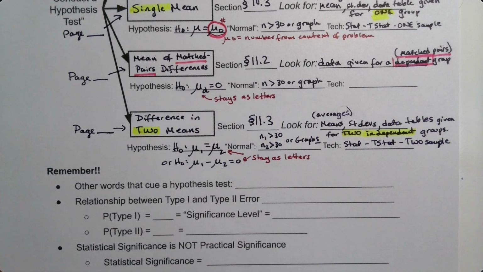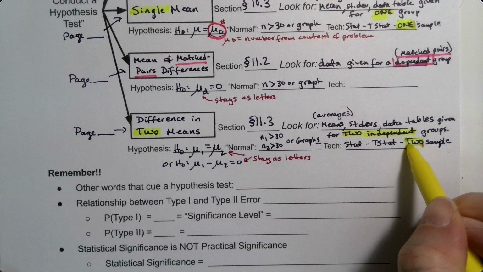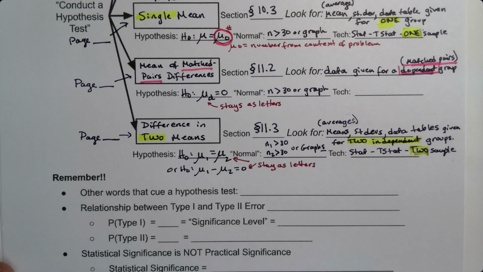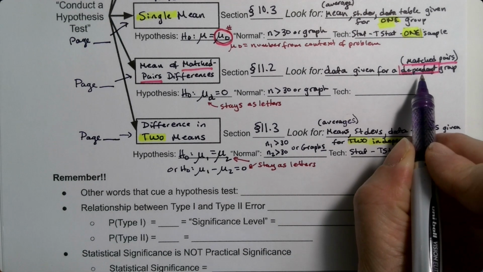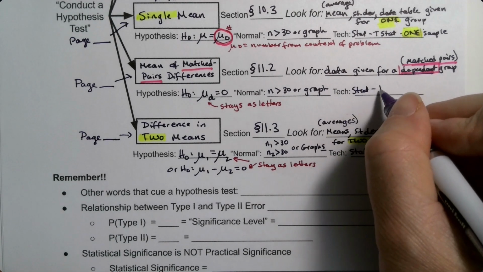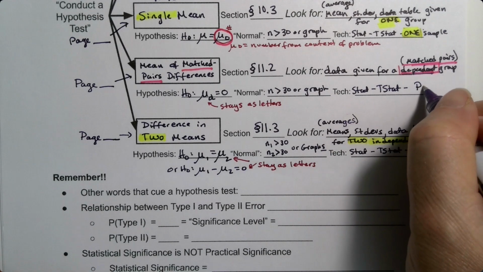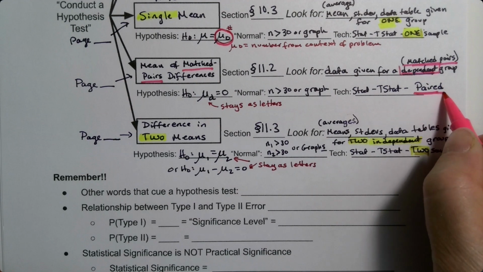From there, you have to determine with data or with summary, just as we always have had to do in these last chapters. So data is when you have the full set of data with you. Summary is when you don't. And the weird one is actually this one. Because it's matched pairs, we do Stat, T Stat, Paired. Because it's matched pairs, we use paired.